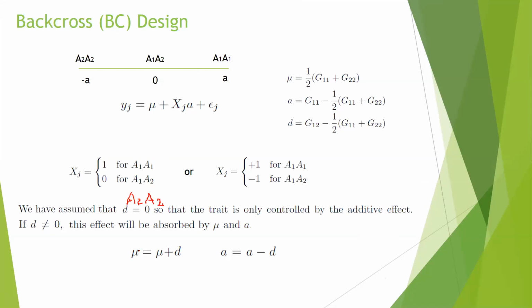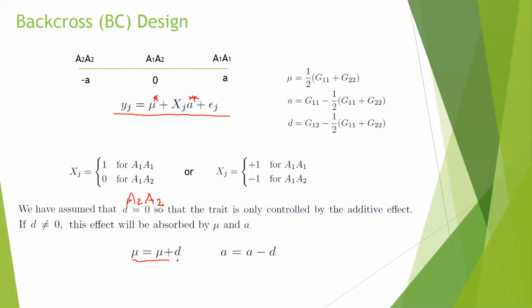So when we use this model, I think it's better to put a star here: mu star and A star. So if you use this linear regression model and use only the data from A1A1 and A1A2, you can estimate mu star and A star, but not the real mu and A.